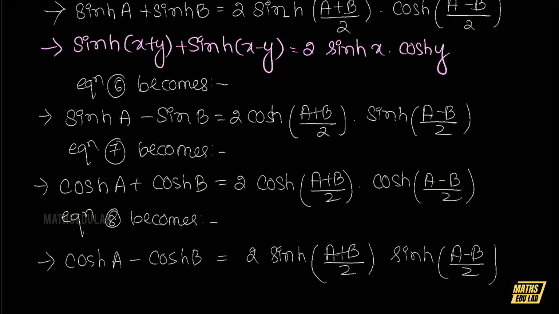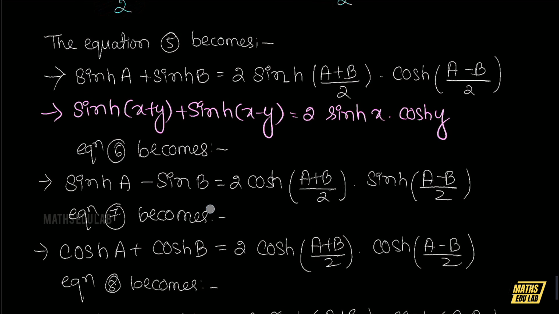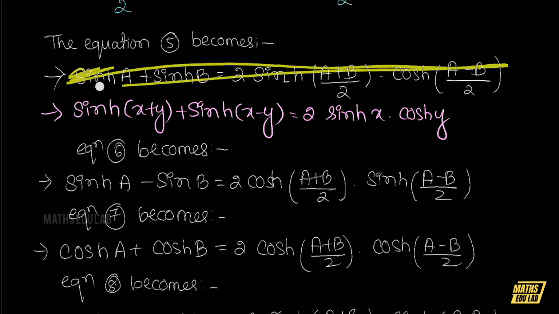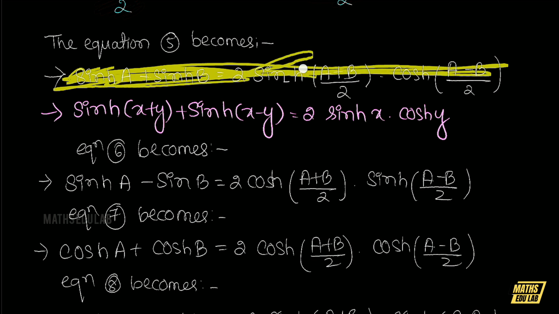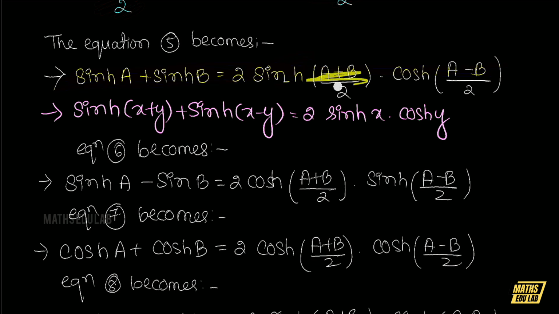This is our fifth equation, which we have changed to sine hyperbolic a plus sine hyperbolic b, which is equal to sine hyperbolic a plus b upon 2 into cos hyperbolic a minus b upon 2.